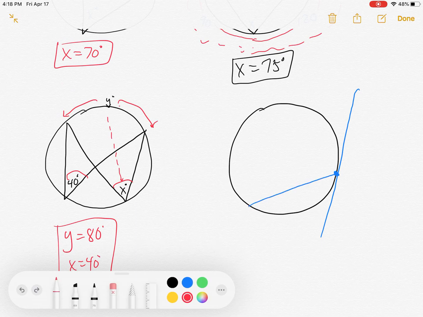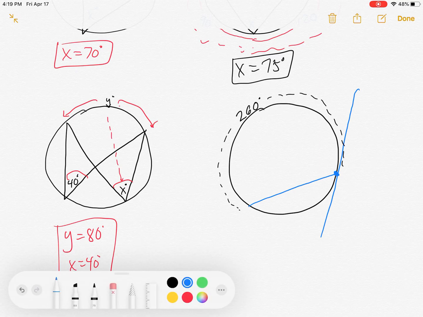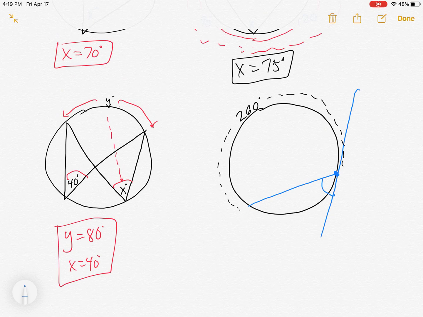This is given as 260. Let me write it in black so it looks more evident that it's given. Notice, remember, a label is centered on the thing it's measuring, so it is measuring that. That's 260. And this question is asking for this angle here. The whole thing, right? That whole angle.